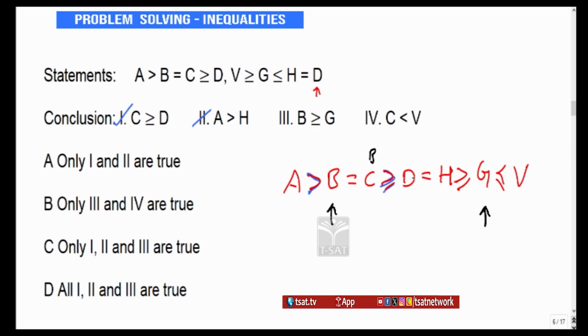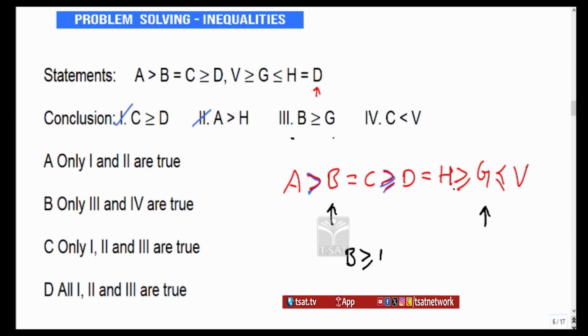Here also whenever you have the symbol D, you can directly write the symbol H here. So it doesn't matter, right? Or simply I can convert this entire symbol into B. So in place of C I can write directly B, because he is asking between B and G. So B is greater than or equal to D.